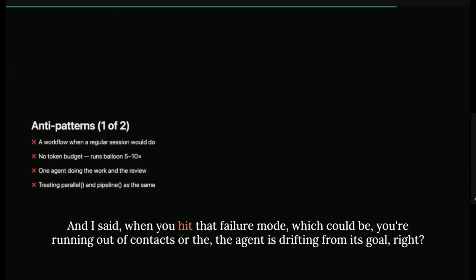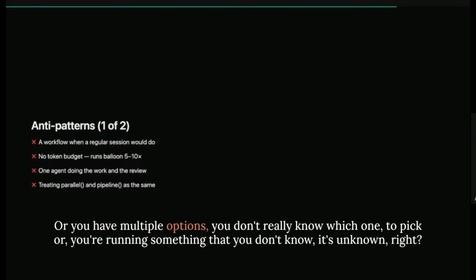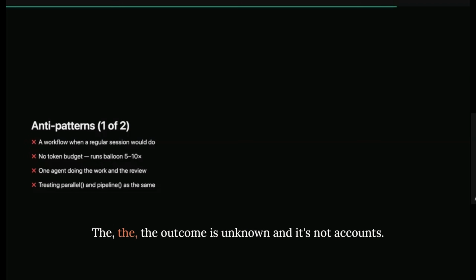And when you hit a failure mode, which could be that you're running out of context or the agent is drifting from its goal, or you have multiple options and you don't really know which one to pick, or you're running something unknown, where you don't know how long it's going to take. The outcome is unknown and it's not a count. You're not trying to scrape or generate 100 outputs. You're trying to generate based on a condition, right? So that is when you can use a workflow.